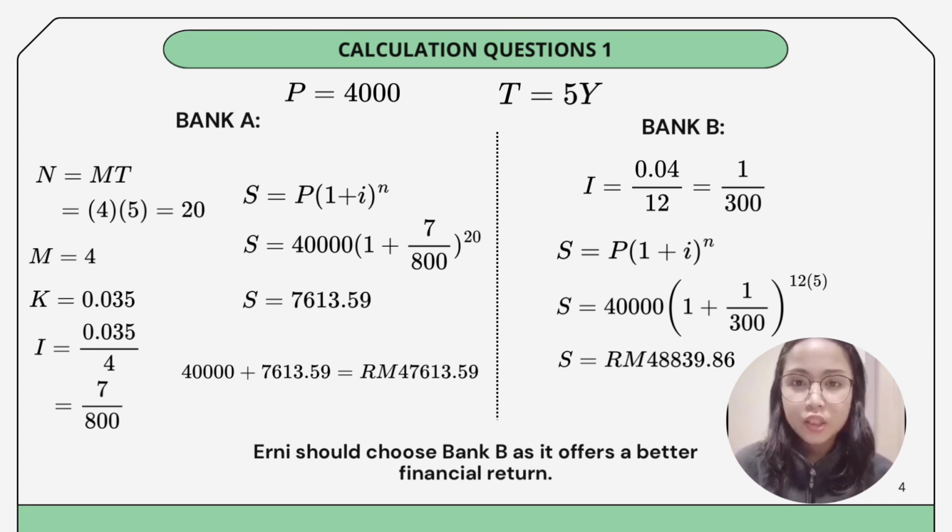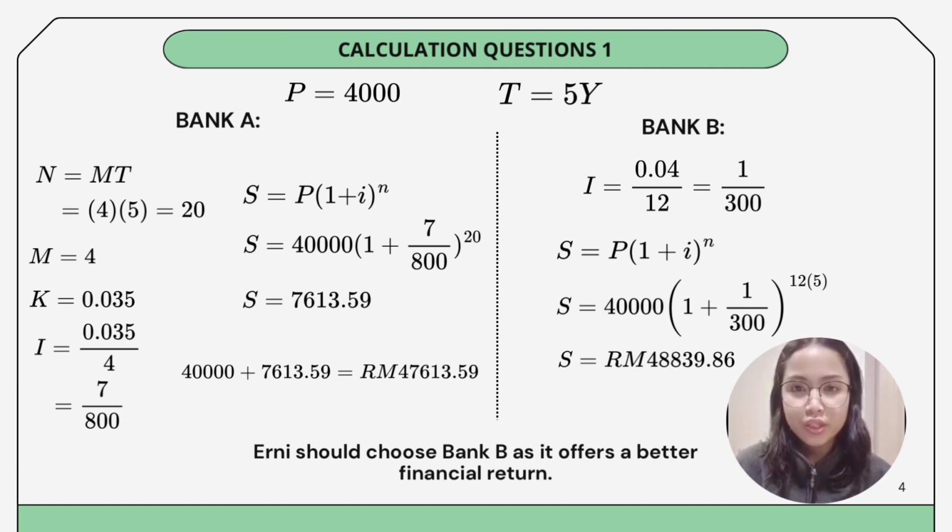So I will continue to explain Bank B, where the principal is 40,000 and the time is 5 years. The interest rate per interest period is 0.04 over 12, which equals 1 over 300.